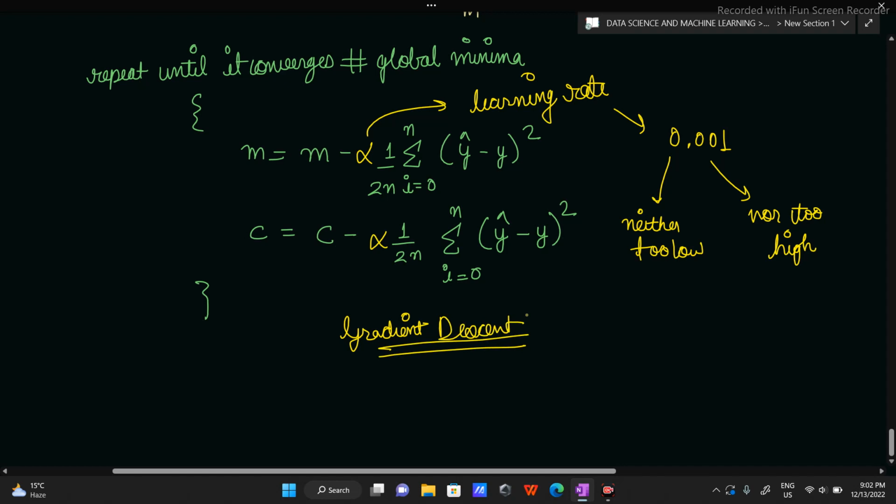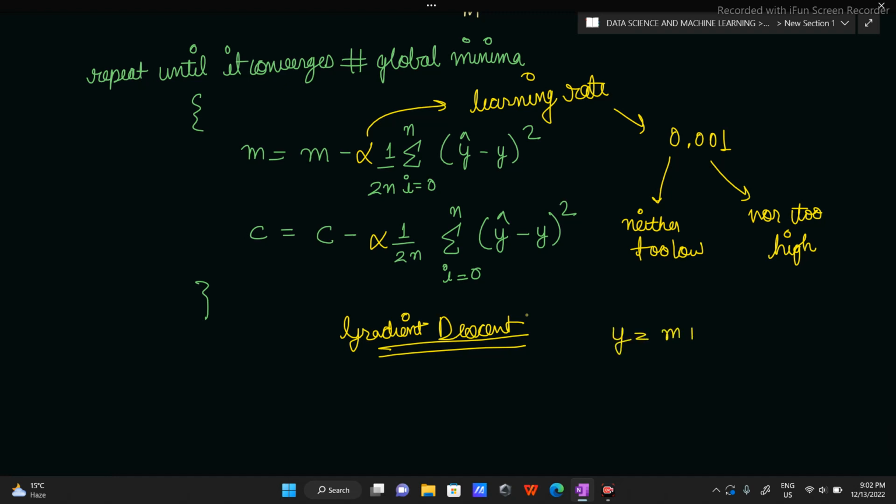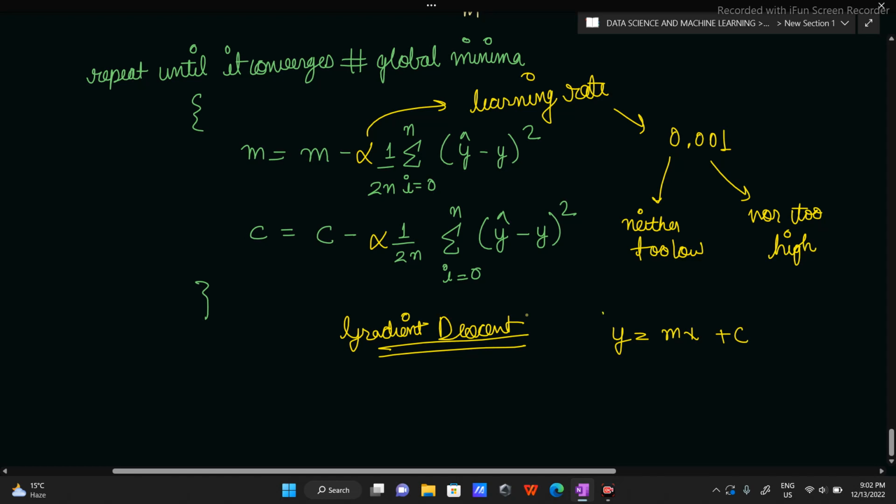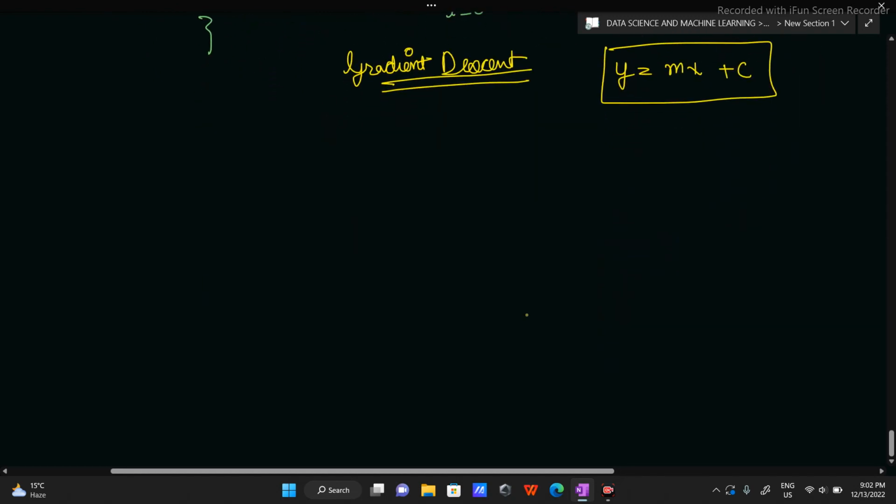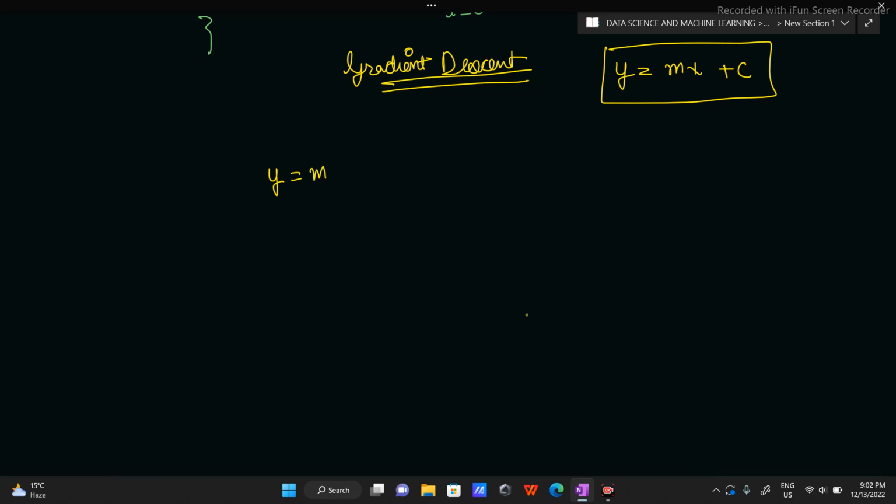Now, another thing I would like to tell you is that it is not always the case for linear regression to be like y equal to mx plus c. There may be cases where you have multiple features, where y is dependent upon multiple features like m1 x1 plus m2 x2 plus m3 x3 plus m4 x4 plus c.